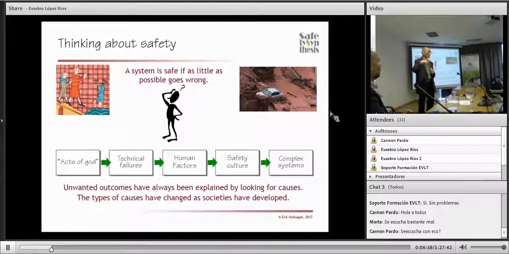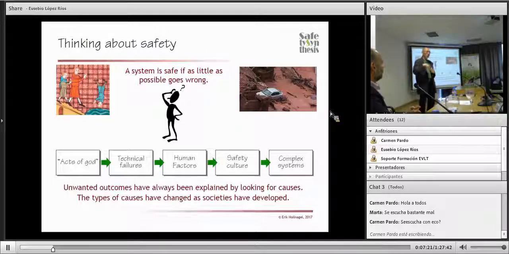When we got into the industrial age in the 1760s and so on, accidents still happened, but now we were more clever, so we could say the accident is due to a technical failure. The machines broke down, something exploded, tanks were leaking, pipes were ruptured, wheels were derailed, axles broke, and so on. So we say it's a technical failure, and we can fix that.